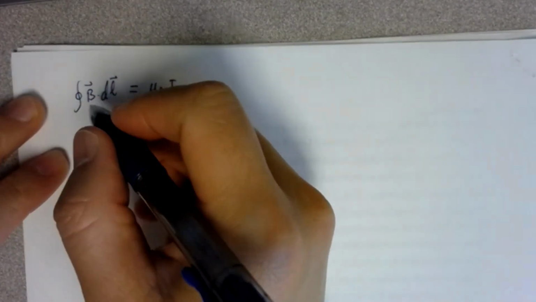If you look at the PowerPoint slide, small r is the distance from the point of interest to the wire.